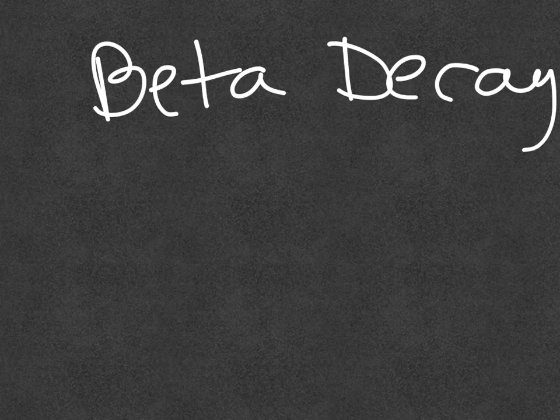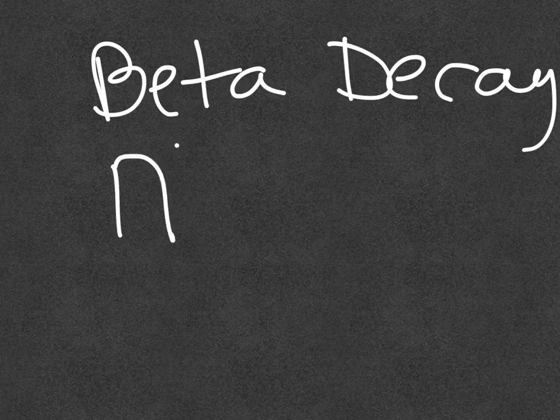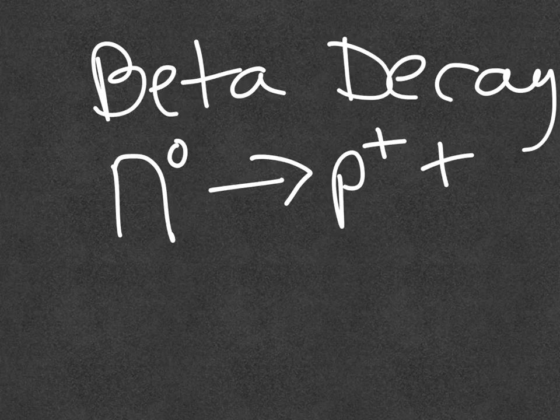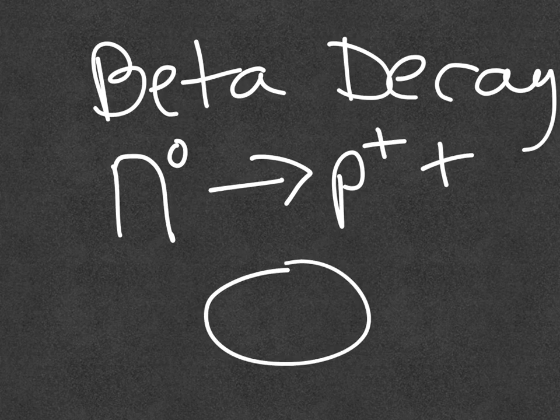In regular beta decay, you have a neutron that changes itself into a proton, which then means we have this negative little particle that's got to leave the nucleus. So think of it like this. This is very simplistic, so don't think that this is exactly how it works, but it's just something for you to visualize. A neutron's neutral, so think about this being your neutron, where it's balanced out.